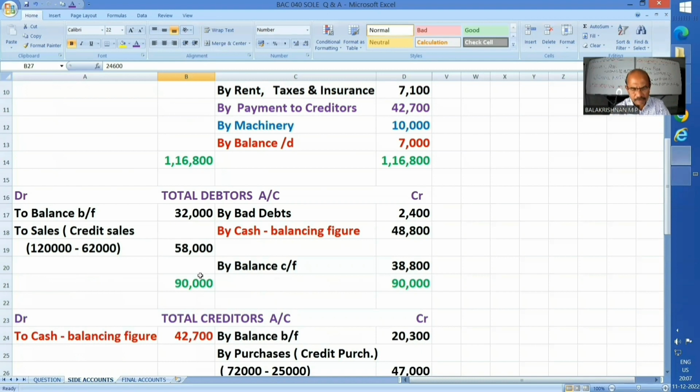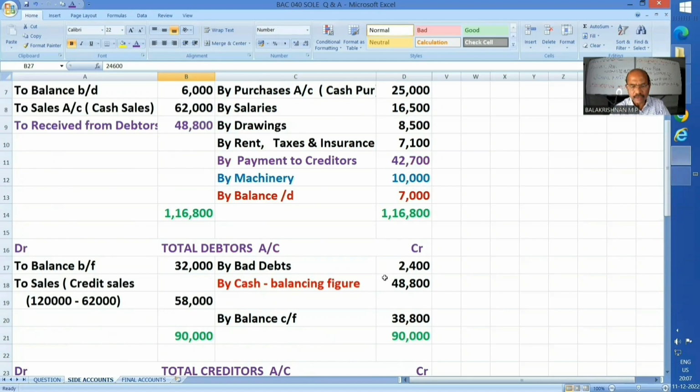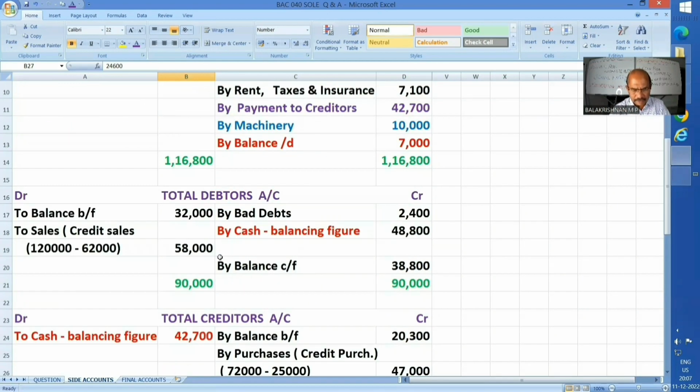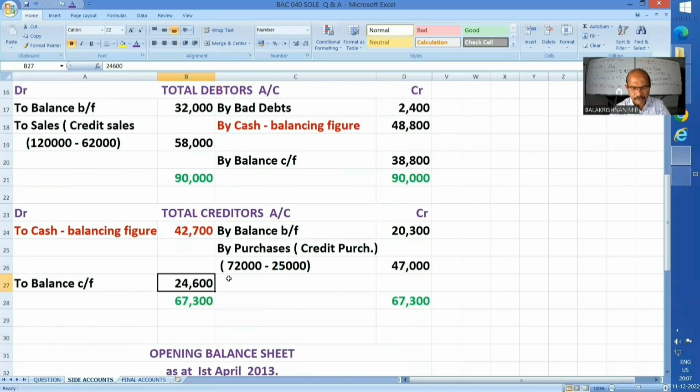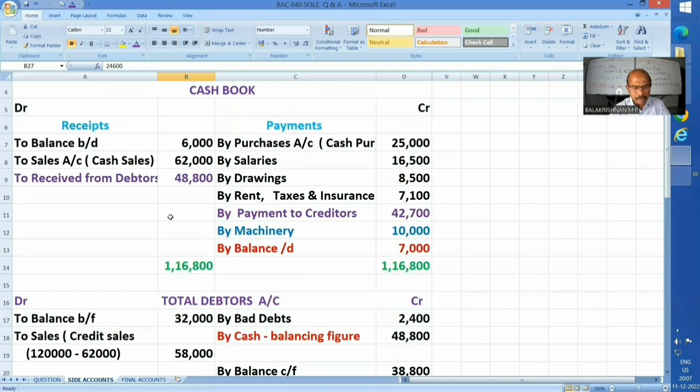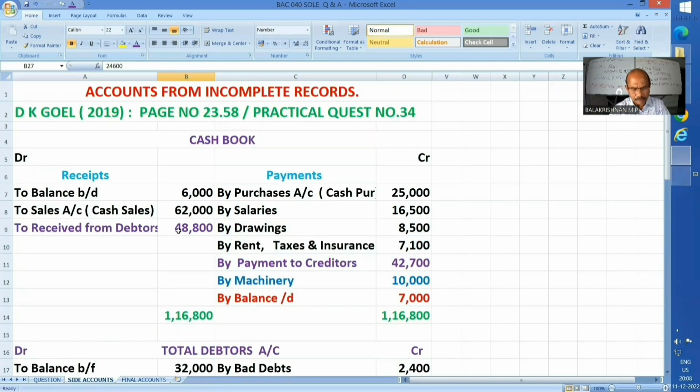Similarly, debtors, we are closing it. We find on this side 48,800 a gap. What is it? We have received the money from the debtors, 48,800, and now the account is squared, and that will in turn move here. Okay, fine. So the total debtors account is closed, the total creditors account is closed, and the information thereon moved correspondingly to the cash book also.